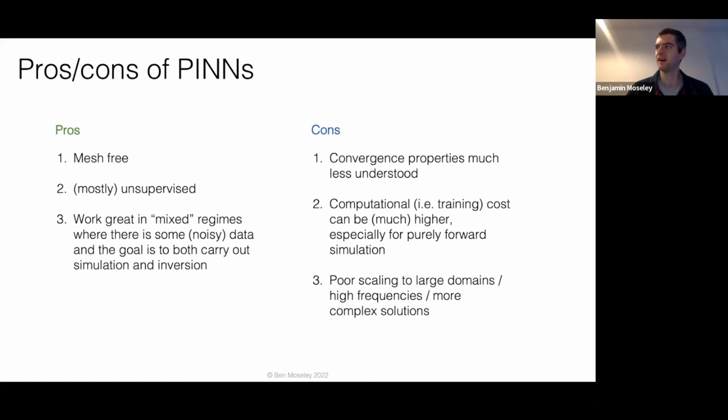It would be great to see PINNs being used for every kind of simulation and inversion task. For that, there are big hurdles. I think the poor scaling to higher frequencies and more complex solutions is a really hard challenge, which I worked on in my PhD, if you're interested.